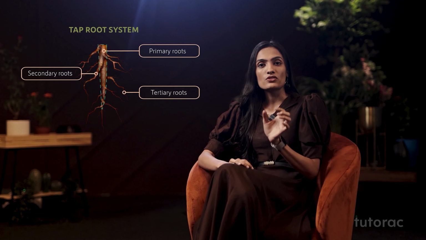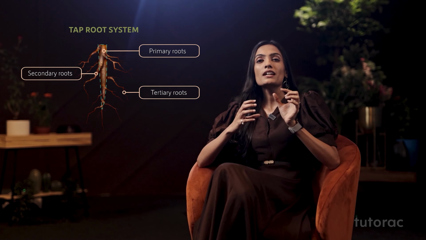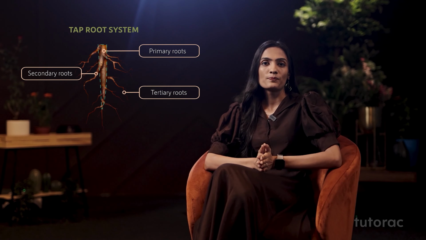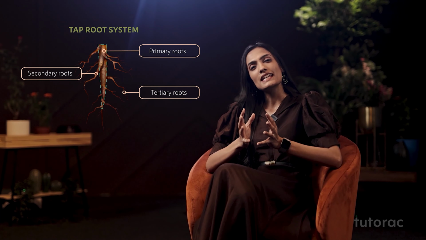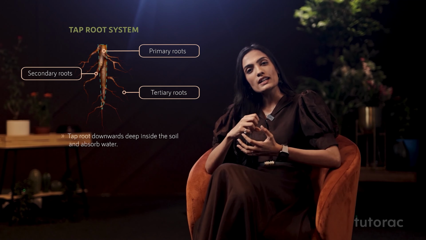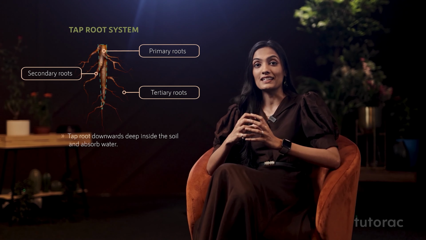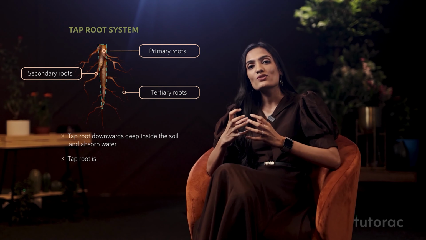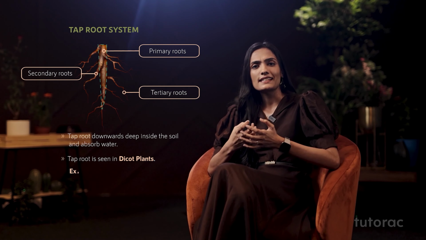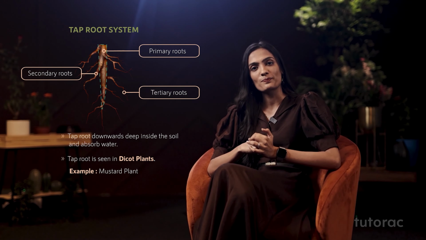That means the root is narrow from the end. This narrow end absorbs water and provides support to dicot plants, because taproot is found in dicot plants. We can take the example of a mustard plant. It has a taproot.